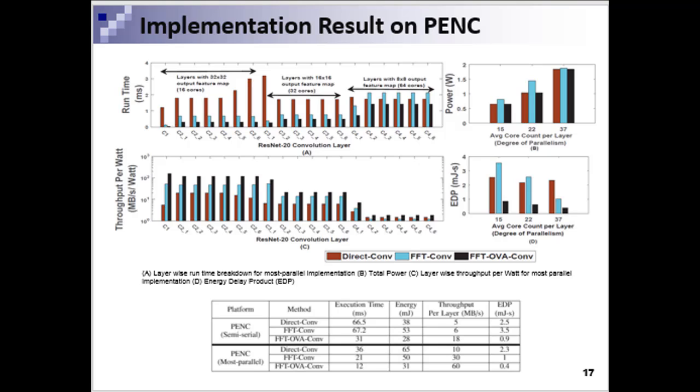Here I'm showing throughput for the different layers, and we can see FFT conv, shown by the black bars, has the highest throughput in each layer. In terms of energy delay product, FFT conv, shown by the black bar, has the lowest energy delay product for the three different types of implementation in PENs.